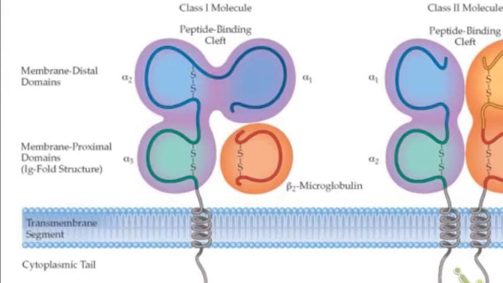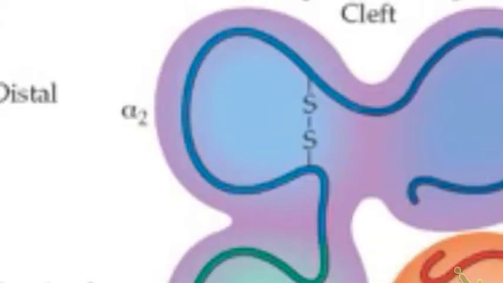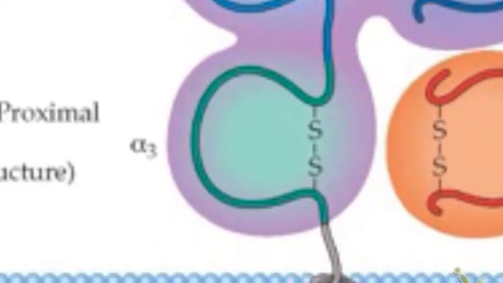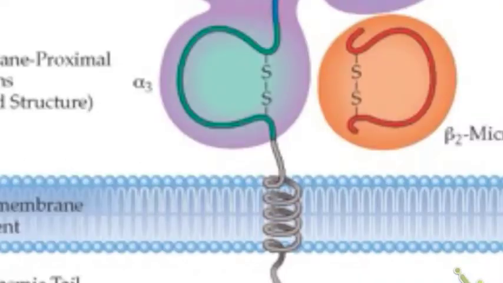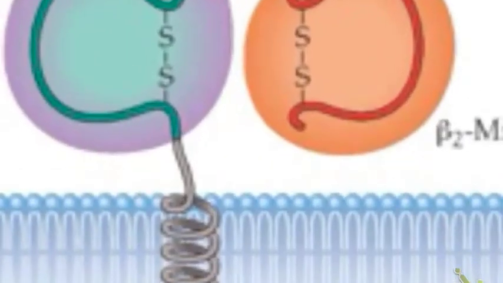The alpha chain is organized into three extracellular alpha domains: Alpha 1, which is right here, Alpha 2, and Alpha 3. It is also composed of a transmembrane region because it goes through the membrane, and a cytoplasmic tail, as you can see right under here.